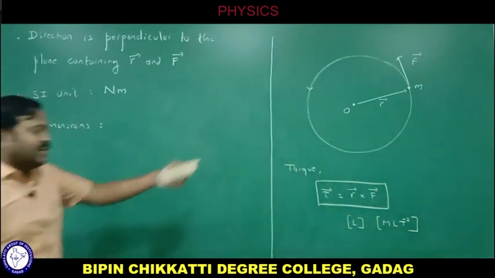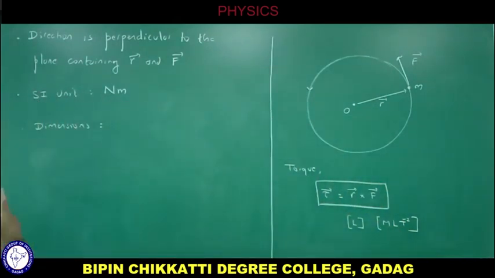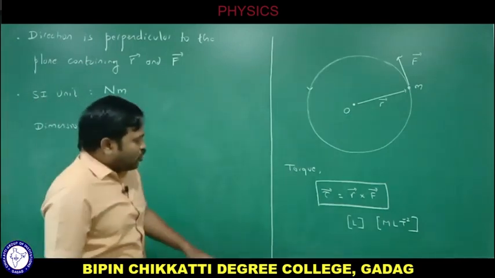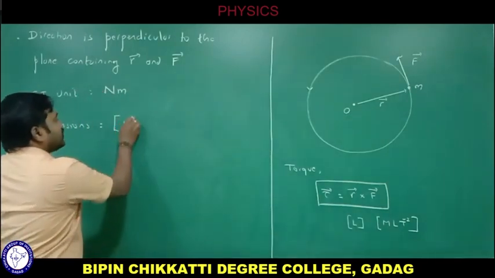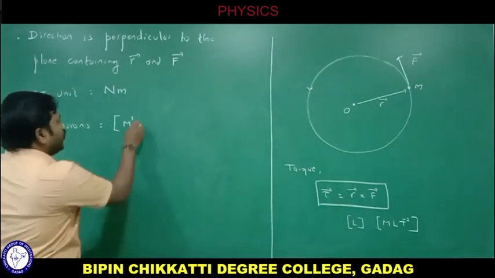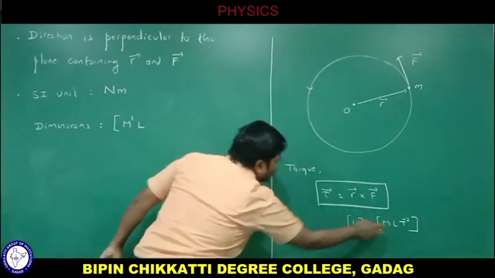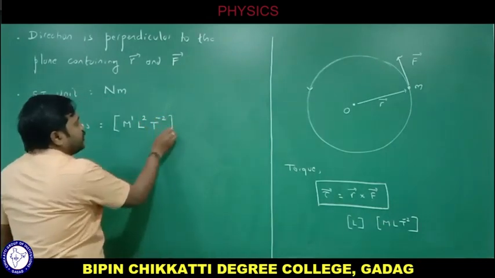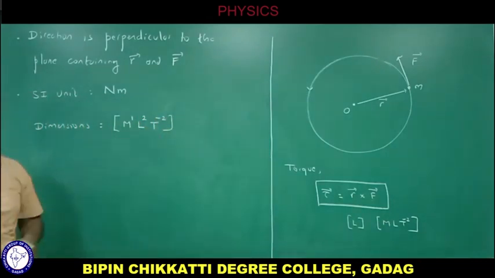If I combine these, I get the dimensions of torque. How many M do you have? Only one, M raised to 1. How many L? Two. What is T raised to? -2. This is the dimensions of torque.